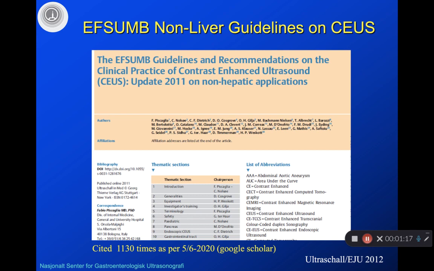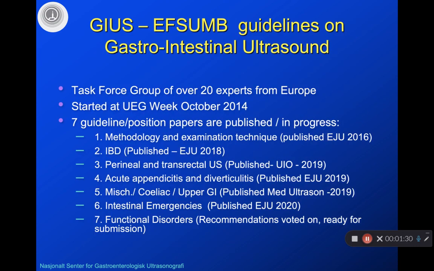In this guideline we had the first ever GI recommendations on how to scan the GI tract using contrast-enhanced ultrasound, and after that we started an important work also for general scanning of the GI tract.